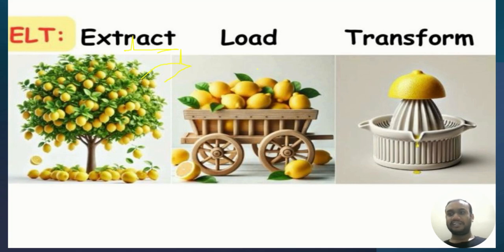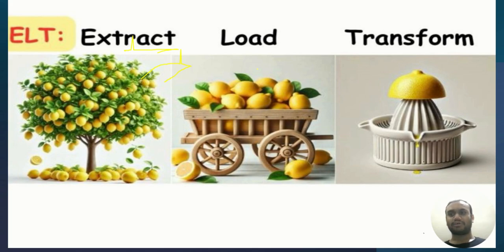You are not putting in the effort to cut the lemon to extract the juice. You are loading or storing the raw lemon fruits, and you are selling them. So the effort to take out the juice from the lemons is being put in by customers.